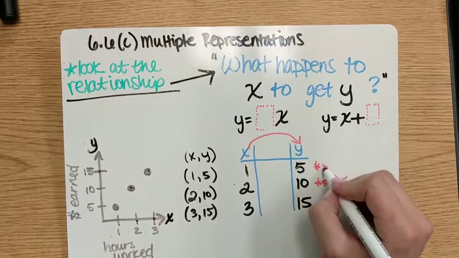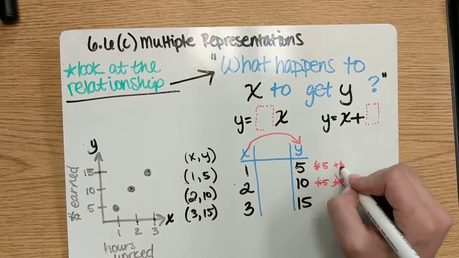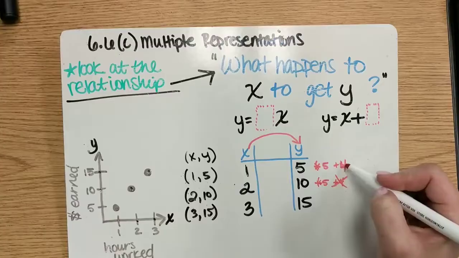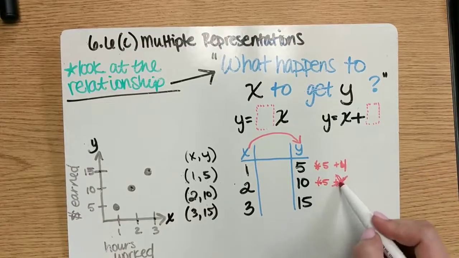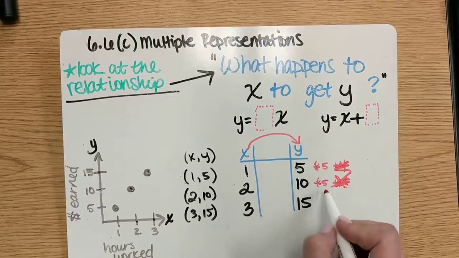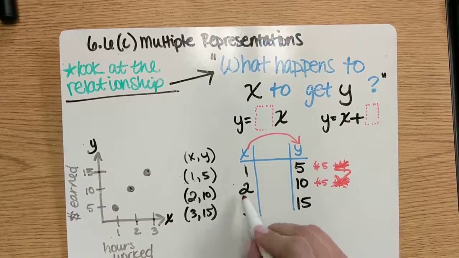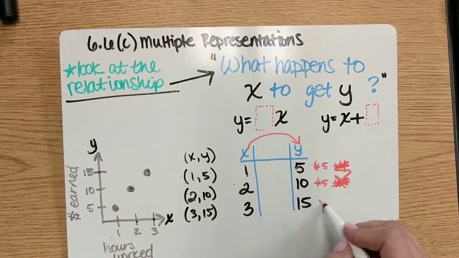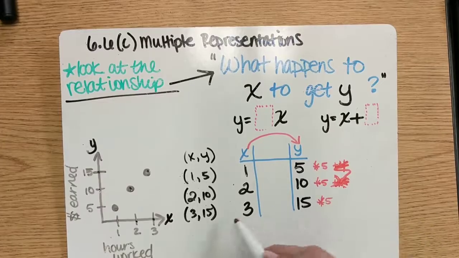Times 5 worked up here, and plus 4, I forgot to write that down. But this plus 4 rule did not work. Okay, let's see if our times 5 works for this one. 3 times 5 gets me 15. So my times 5 rule worked.